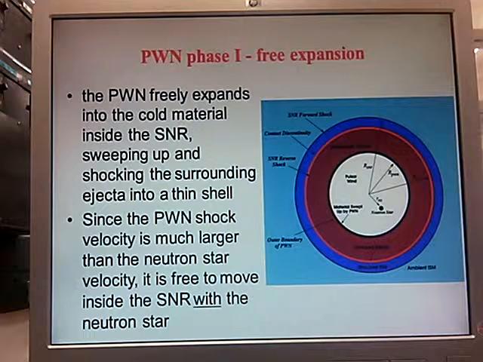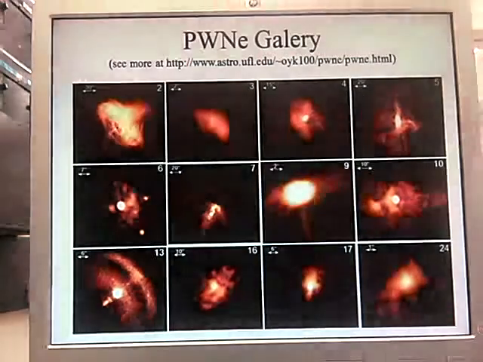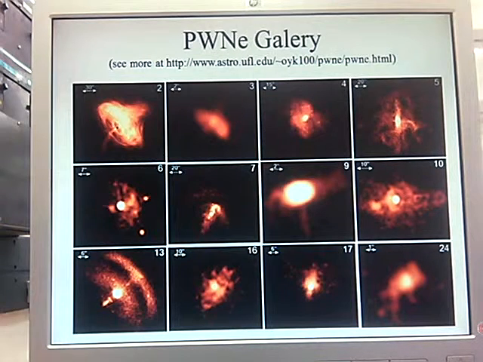There's this reverse shock and everything's going like that, which means the pulsar wind nebula is centered on the neutron star. Those go together, but the supernova shock is separate now because it's moving slowly. So those two actually move within the supernova shock after a while. And so you lose that center of motion.